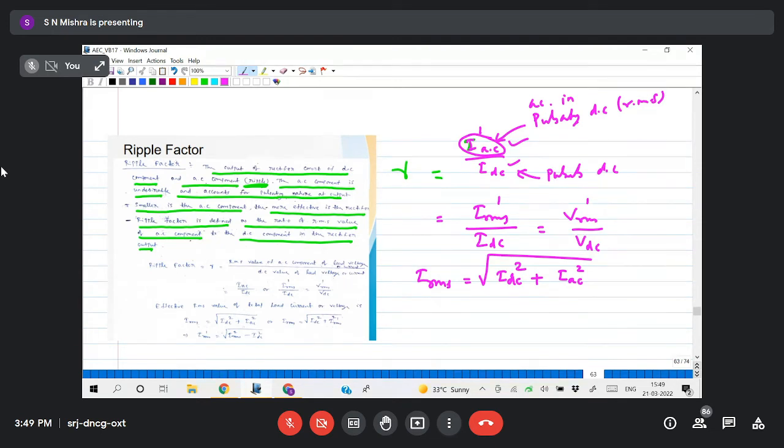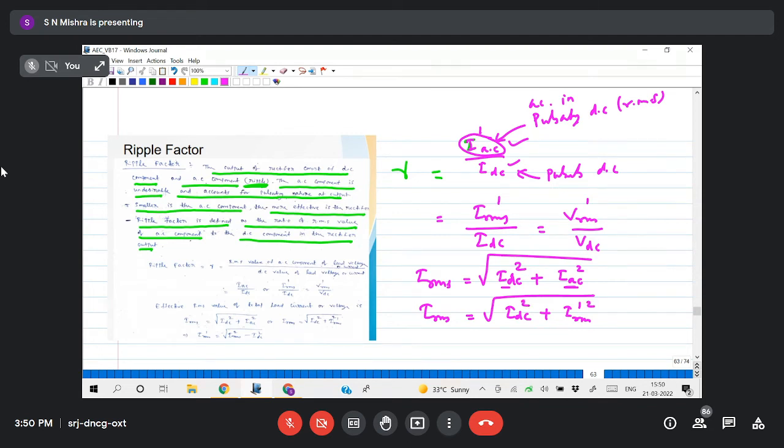What is my requirement? I require this AC divided by IDC. So I'll rearrange that: IRMS equals the square root of IDC square plus, in terms of this AC, IRMS dash square.